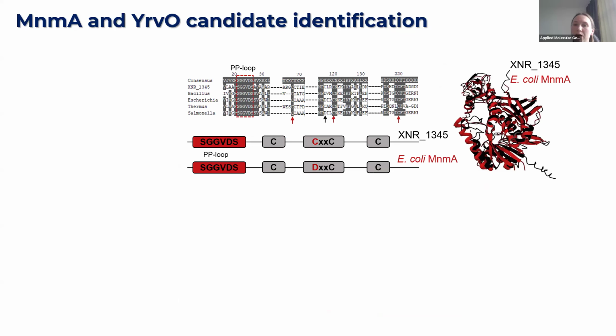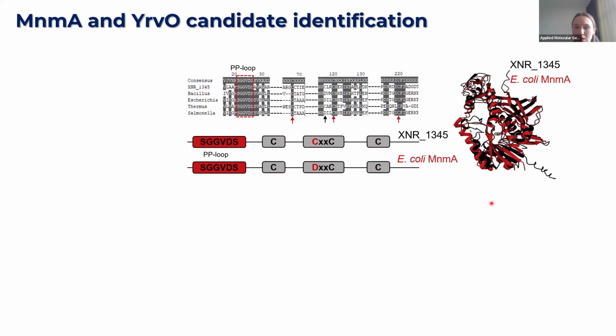In the case of the MnmA enzyme, our candidate was XNR 1345, and it showed high similarity on the multiple sequence alignment and almost perfect superposition with E. coli MnmA.